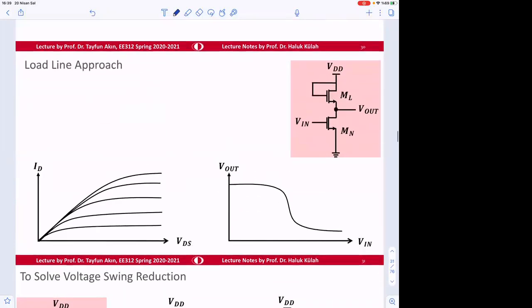So what shall we do today? Shall we continue or give a break and continue? If we are not going to go the full hour, then I'd like to maybe mention the load line approach and then stop. What do you say? I don't know. Or I can just give a break now and then continue a little bit more, but not the full hour.